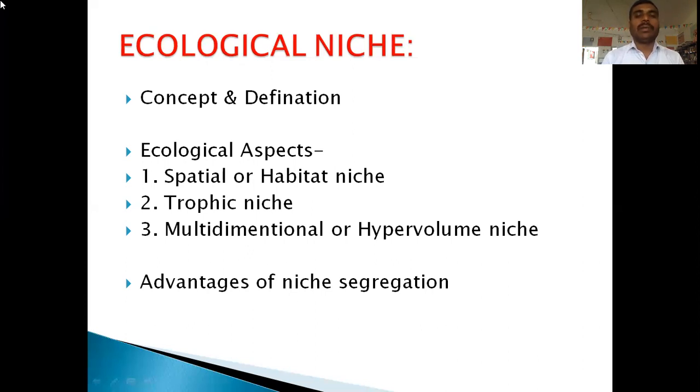Then the third, multidimensional or hypervolume niche. Here, according to scientist Hutchinson, a niche could be visualized as a multi-dimensional space or hypervolume, which is amenable to measurement and mathematical manipulation.